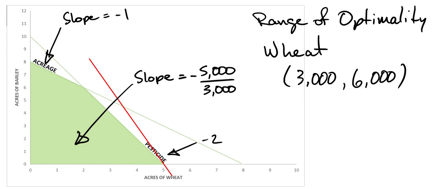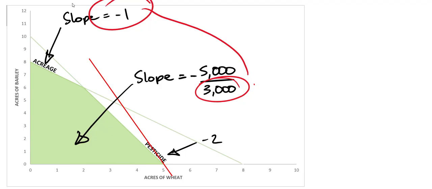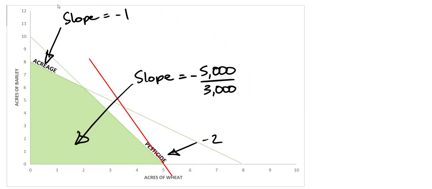So quickly, let's go and find the range of optimality for barley. Again, we're going to have to do this twice. Once, we will be altering now the coefficient for barley and comparing it to the slope of minus 1. And then we will do it again, comparing it to the slope of minus 2 for my other binding constraint. So initially setting this 5,000 over 3,000 equal to -1.